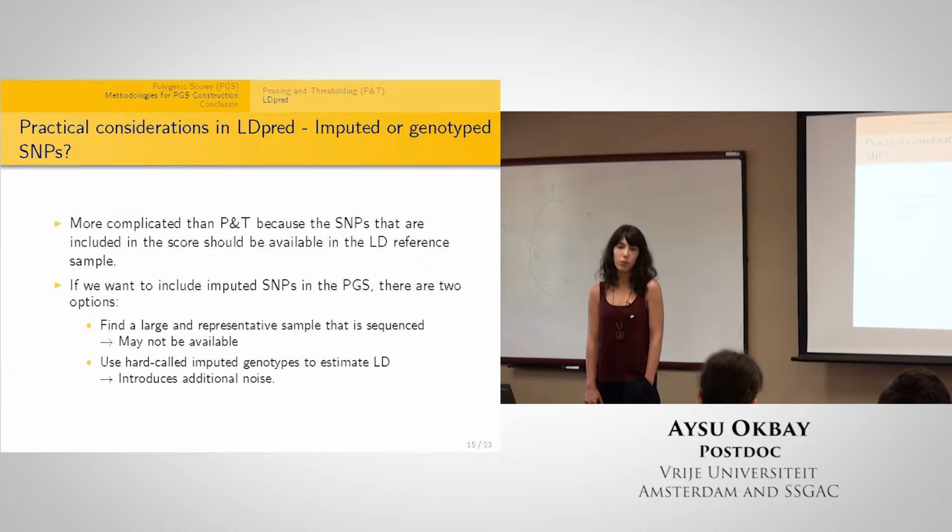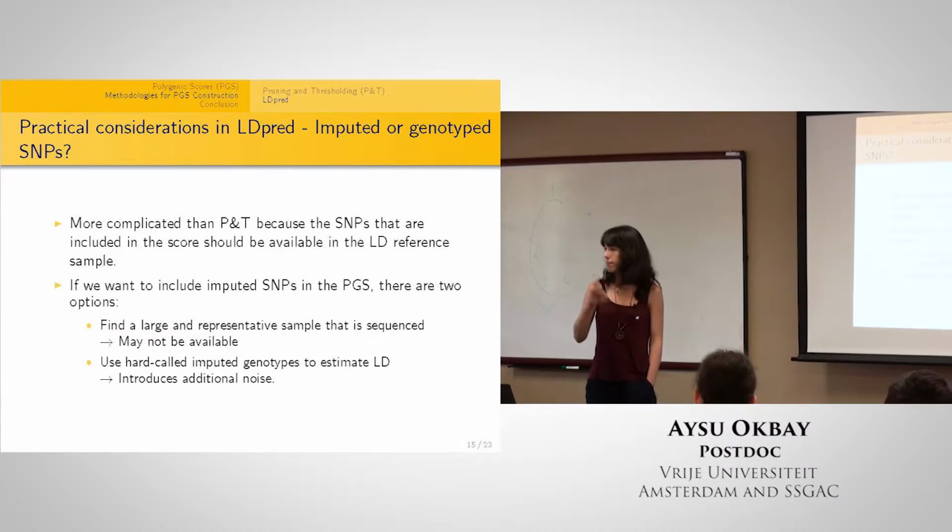You wouldn't want to estimate LD using imputed SNPs because there is some uncertainty in the genotypes, and it's not really optimal. If you want to include imputed SNPs in your score, you either need a large and representative sequenced sample, which is not always available, or you need to use hard-coded genotypes. So you need to convert imputed dosage data to hard-coded genotypes. But that, as I mentioned, introduces extra noise.